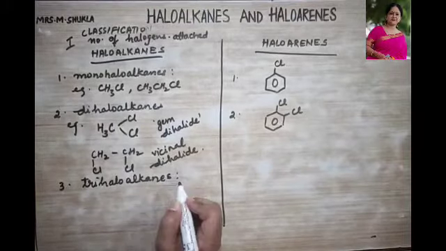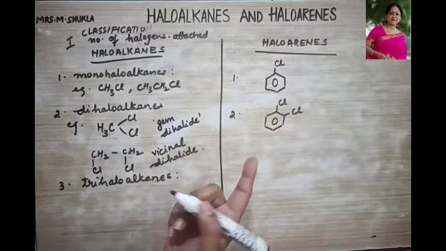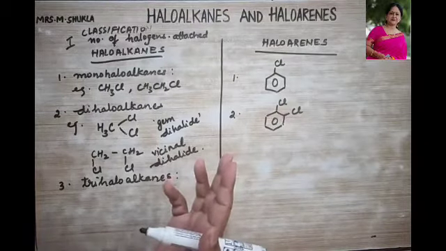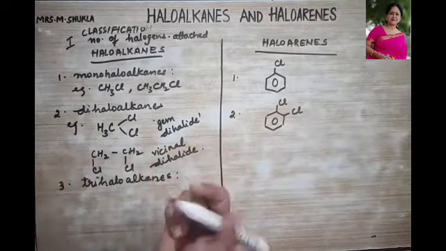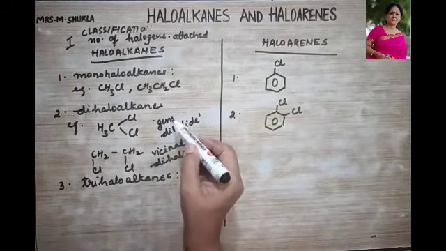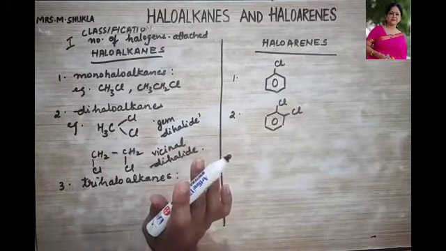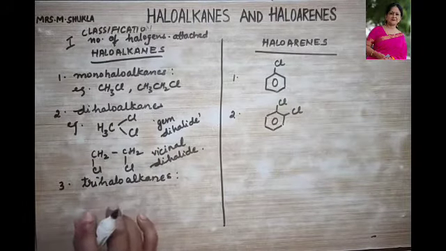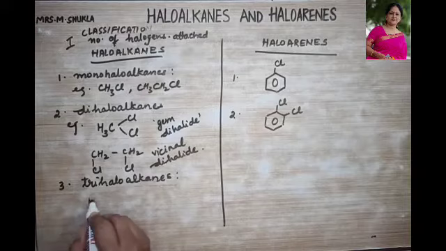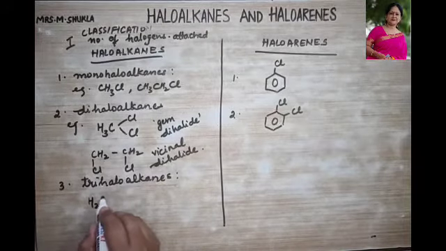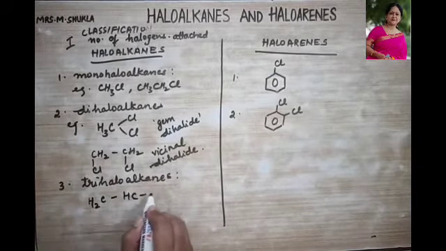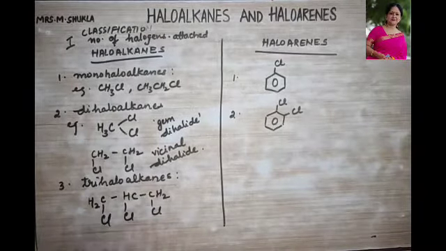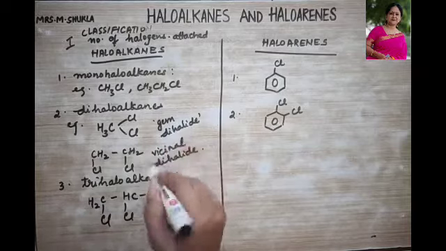As the word suggests, three halogens are attached. They can be attached to three different carbon atoms, or to two carbons also, but in this case no word like gem or vicinal is used. Simply a formula is given to you, for example CH3CHCH2 with chlorines attached, so here we don't use the word gem or vicinal.